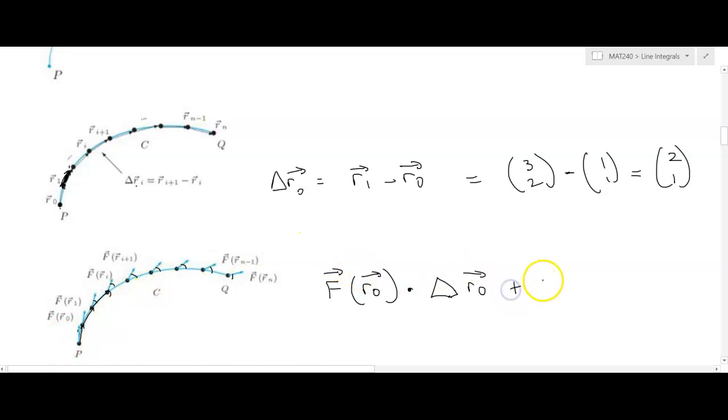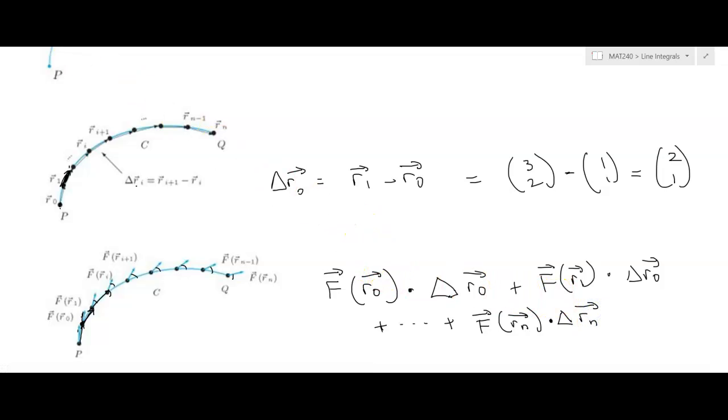So we would need to add the velocity at r1, that blue vector, dotted with its displacement vector, and sum all of these together until we get to the last one, f at the last position dotted with the displacement at the last position.